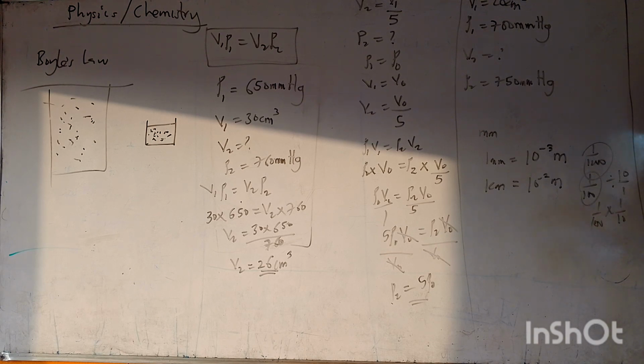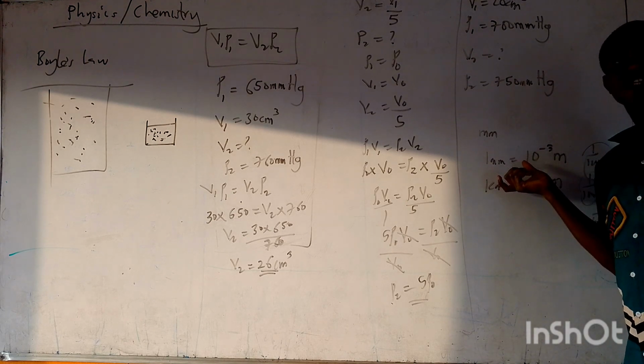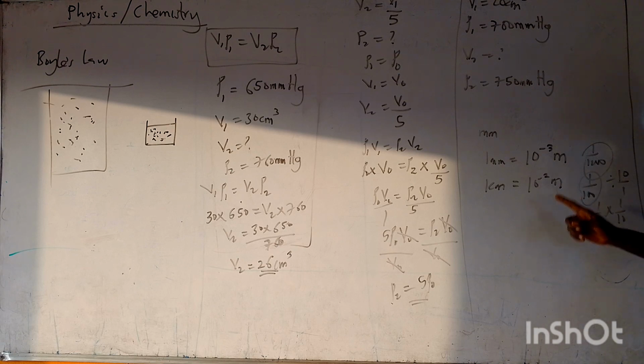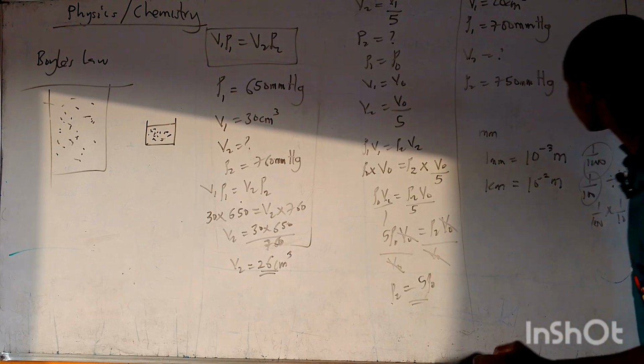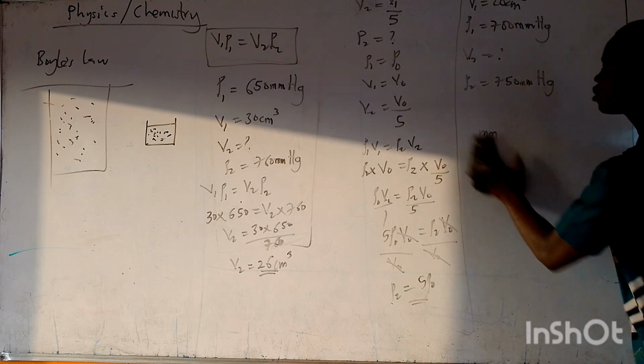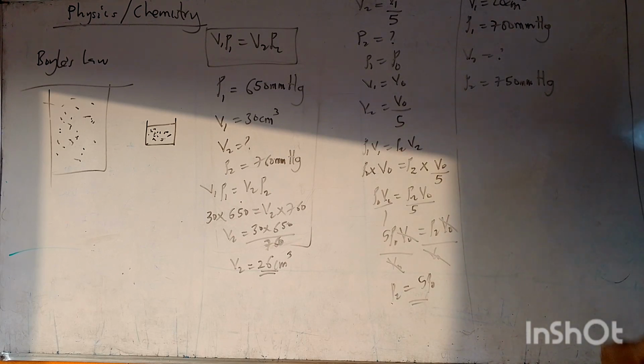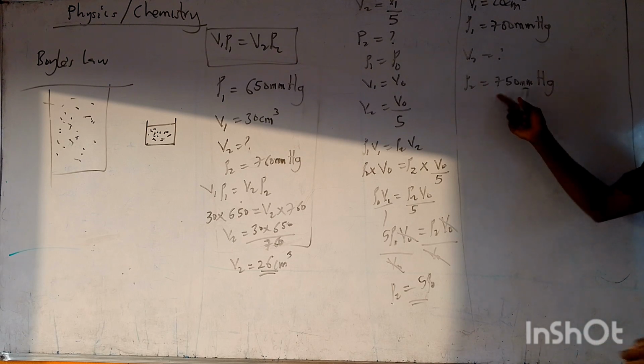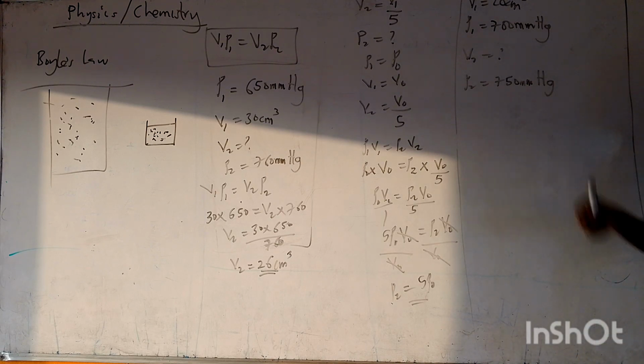Do you understand? So if you want to convert from centimeter to millimeter, you divide by 10. It's as simple as that. But I doubt they will give you something that technical, so just leave it. It will be millimeter mercury. Are you getting it? So let's go there.